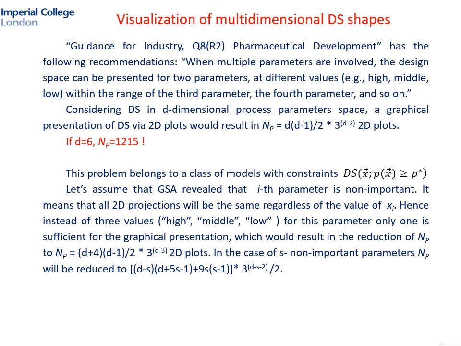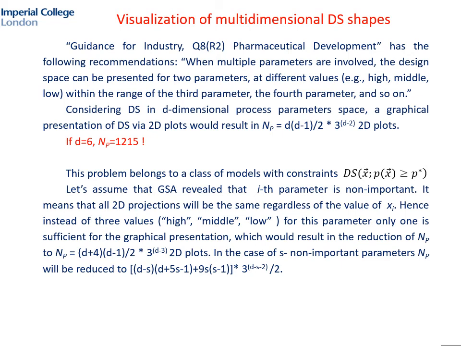Considering design space in a d-dimensional parameter space, a graphical presentation of DS via 2D plots would result in this number of plots. For example, in the case of only 6 parameters, this NP number will be 1215.